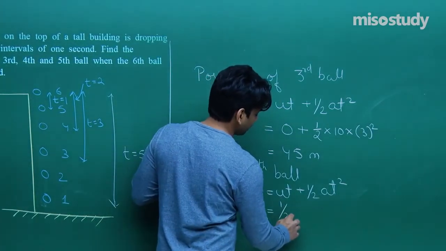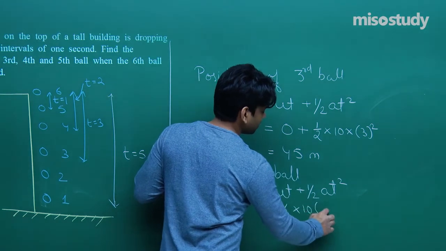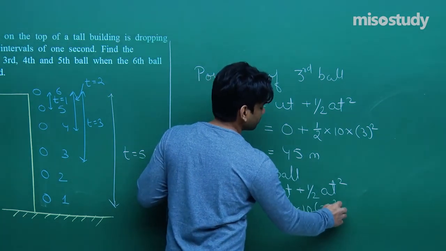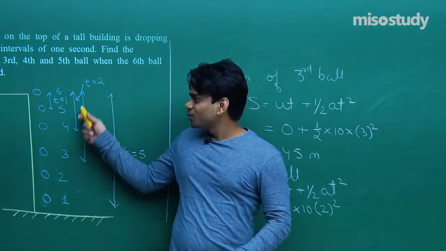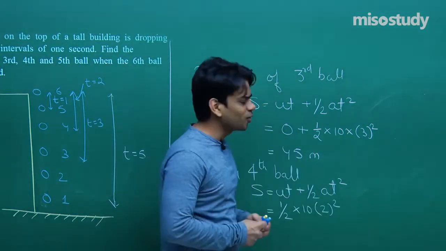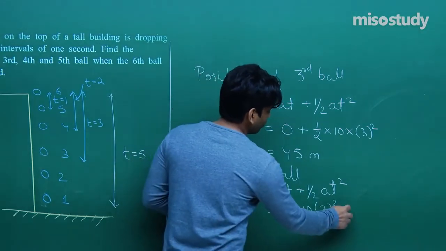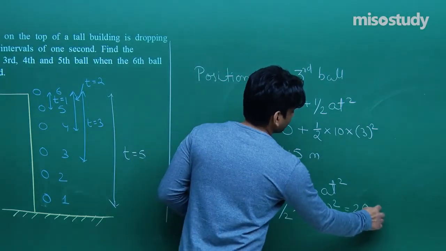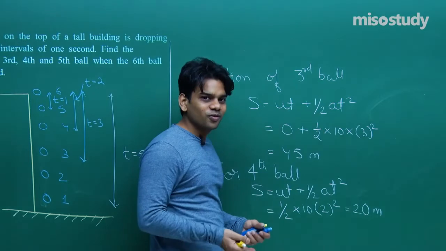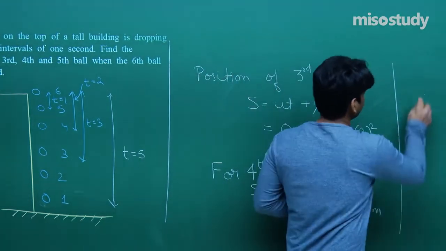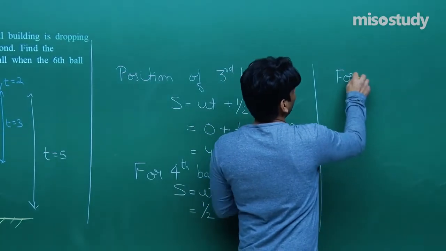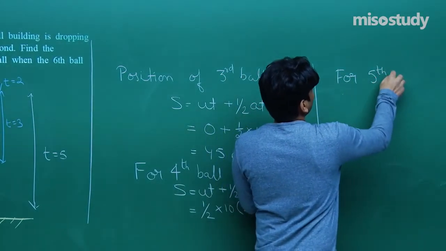So half into 10 and the t value will be 2 because it will travel only 2 seconds. Fourth ball only for 2 seconds. Substitute the value, you are going to obtain the answer. 5 into 4, that will be 20 meter. So at a level of 20 meter it will be lying. So for the fifth ball, now I believe that you can go ahead and solve it on your own.